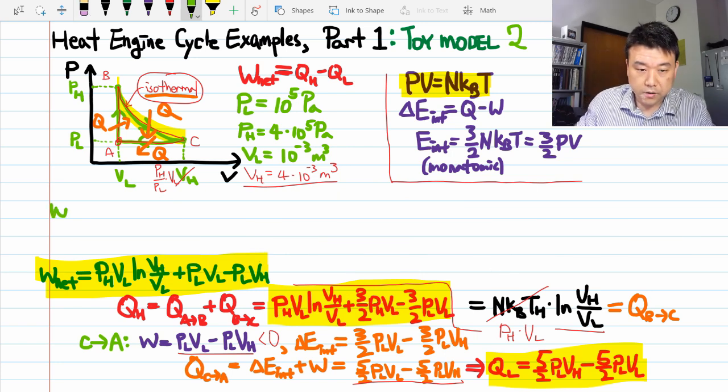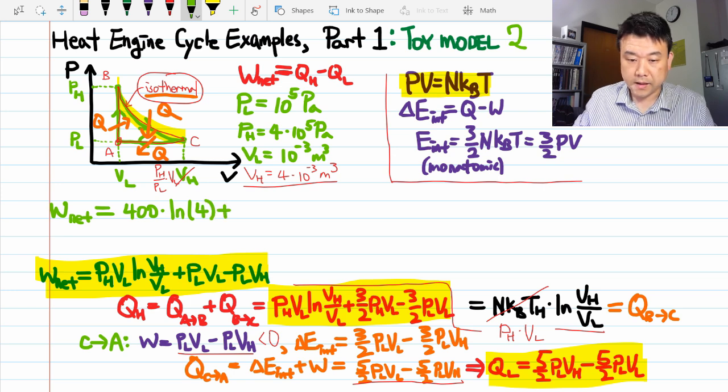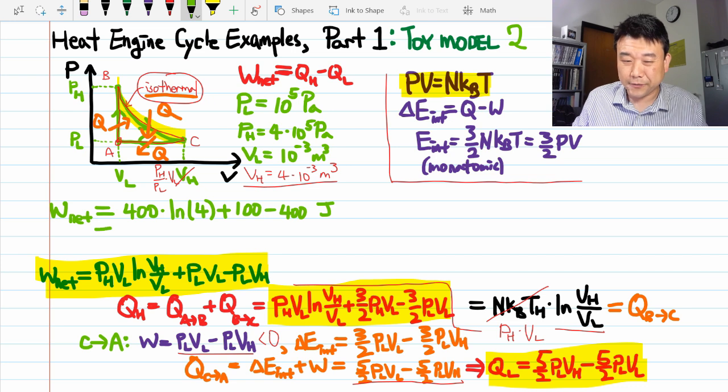So the net work done is PH times VL, that's 400 joules, times the natural log of 4, plus PLVL, or 100 joules, minus PLVH, or 400 joules. So I'm going to have to use a calculator for this. Alright, my calculator says that the work done is about 255 joules.